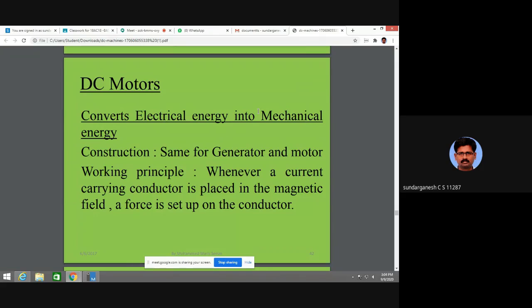Here a circular conductor is placed, so it will rotate. If it is a single conductor, it will move away or move in. Since a circular part is placed inside the magnetic field, it will rotate.